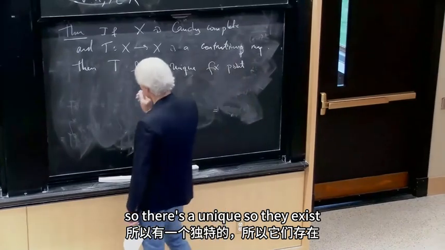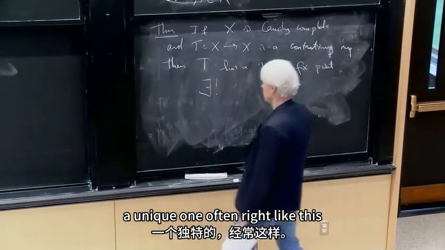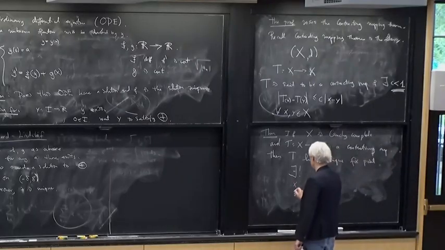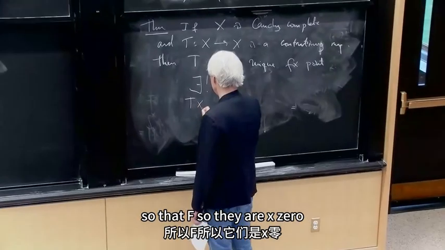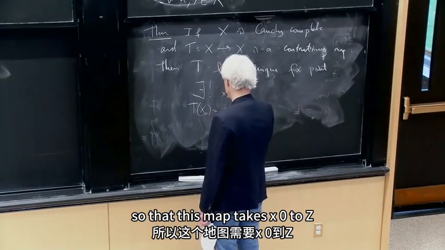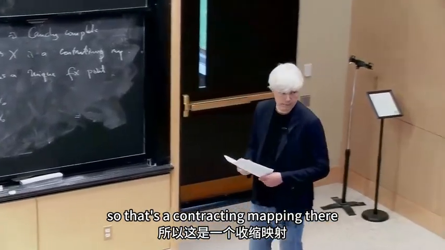There exists one and only one x0 so that this map takes x0 to itself. So that's the contracting mapping theorem.